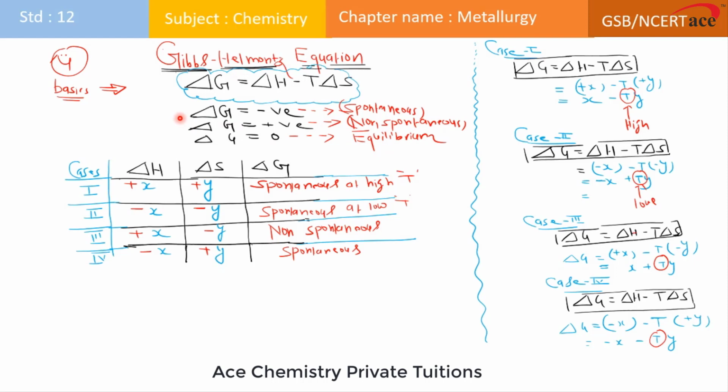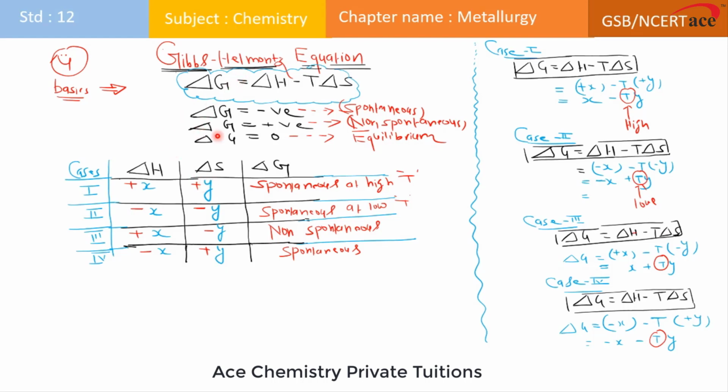So in order to understand the different values, I have given 4 different cases, and in all the cases, check the sign of delta H and delta S. In the very first case, the delta H value is indicated as what? Positive. When you say positive, it means the process is what? Endothermic. And when you say delta S is positive, it means the randomness of the system increases.